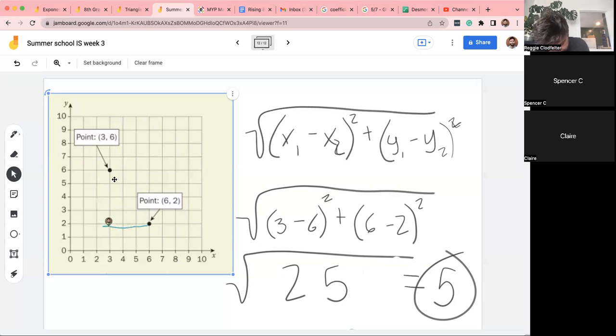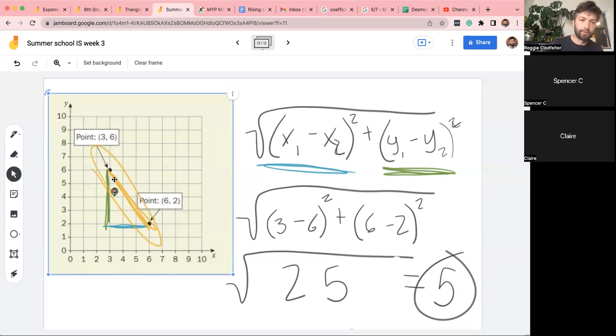That's done in this step where I do x1 minus x2. Then I find the vertical distance between my points, which is done on this step. And then once I know those numbers, I can square them, add them together, and square root it, which is my Pythagorean theorem steps to get the hypotenuse, which is my distance.